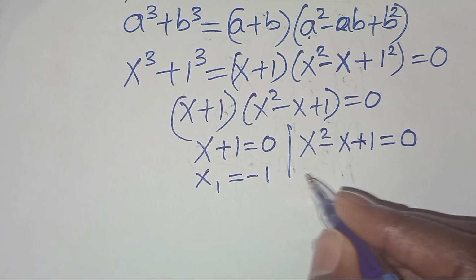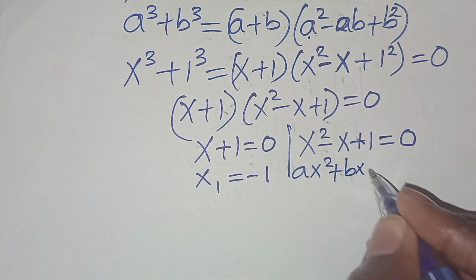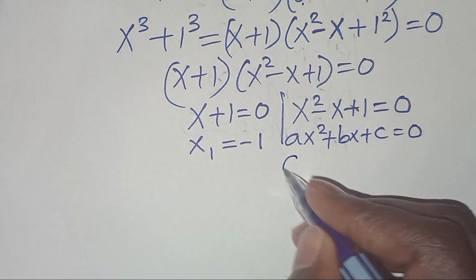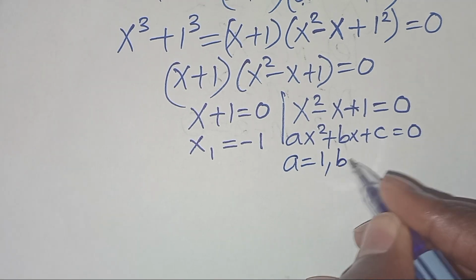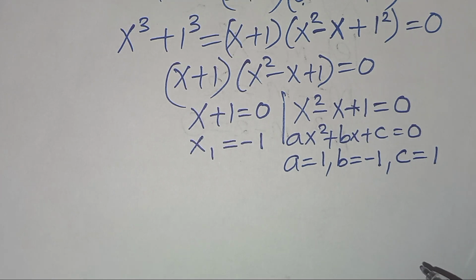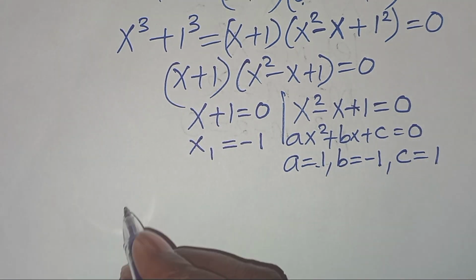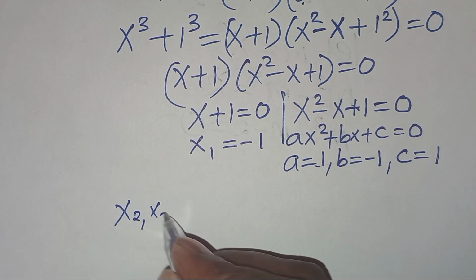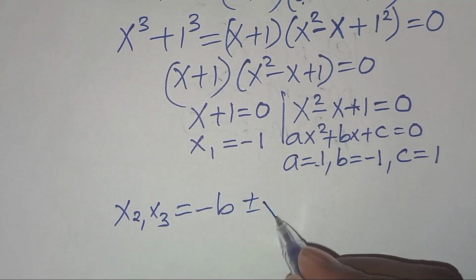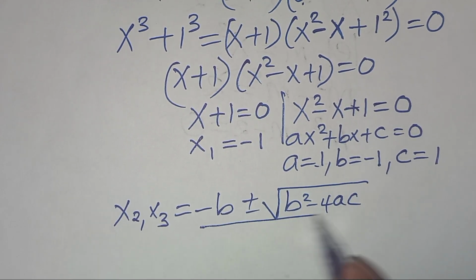Remember, this is a quadratic equation of the form ax squared plus bx plus c, this is equal to 0. Now, we can express a here as 1, b equal to minus 1, and c equal to 1. So, by applying the quadratic formula here, that implies that x2, x3, this is equal to minus b plus or minus the square root of b squared minus 4ac divided by 2 times a.